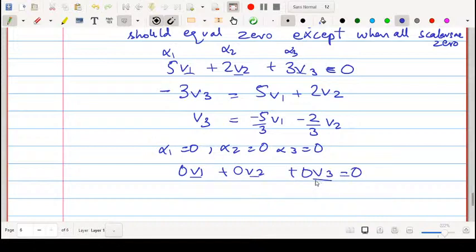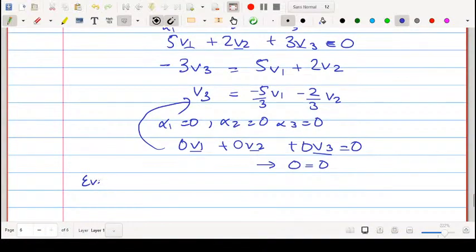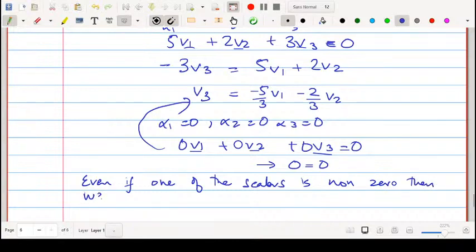But that's fine, because I can't use these zeros to say that v3 is some linear combination, since this equation is just saying 0 equals 0. But even if one of the scalars is non-zero, then we have a problem.